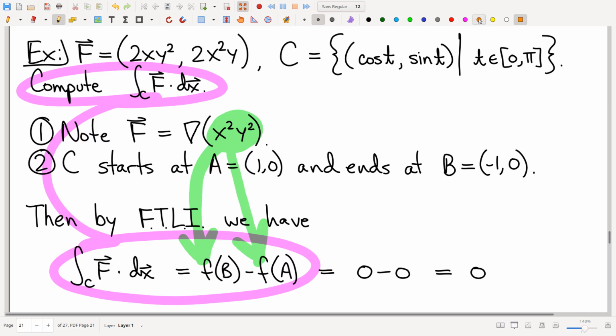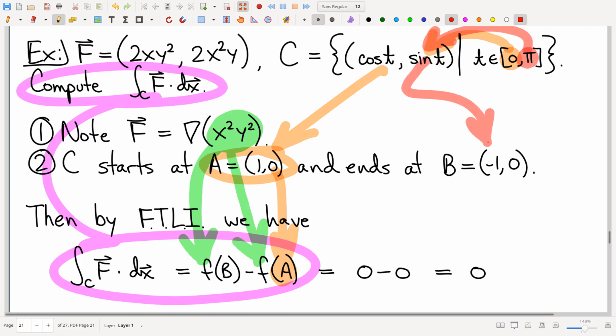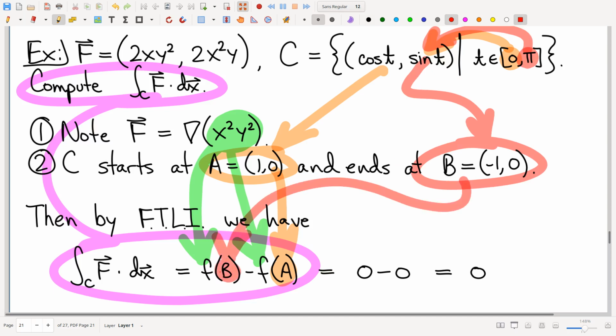So in particular, notice my curve apparently starts when t equals 0. You can take t equals 0, plug it in, see what comes out, and that's your a. And that's just plugging in. Likewise, you can see that the curve stops when you get to t equals pi, which again, you can plug in, and that turns into that, and that then is your b.